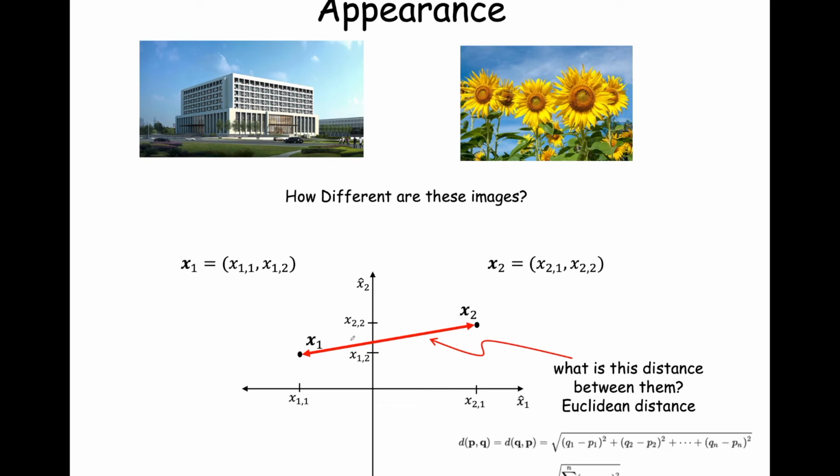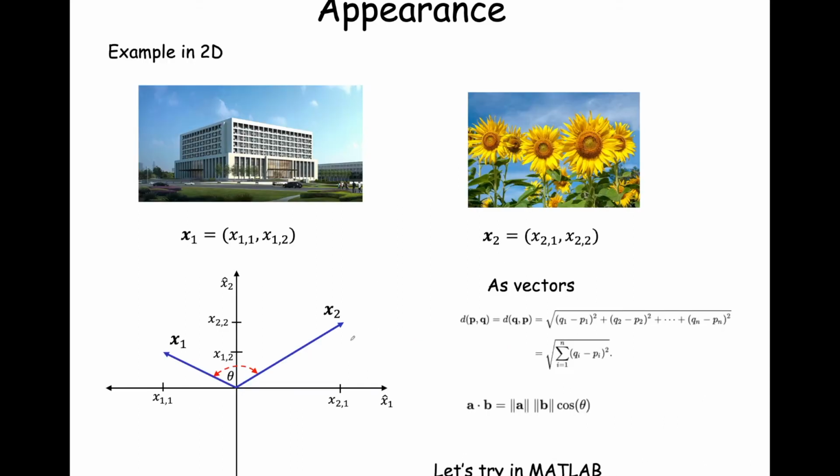But we take the component-wise difference or feature-wise difference between these 2 points or these 2 vectors. We square that difference, sum the squares, and take the square root of that result. And that is the so-called Euclidean distance, or the L2 norm.